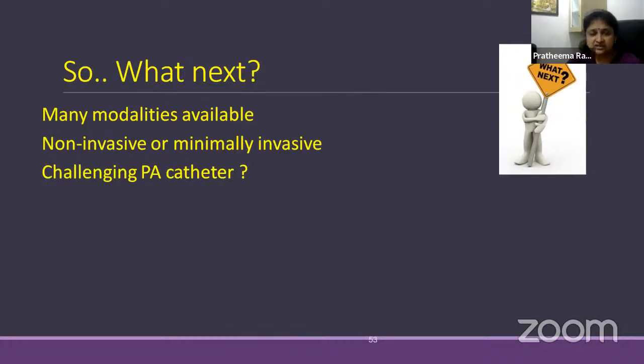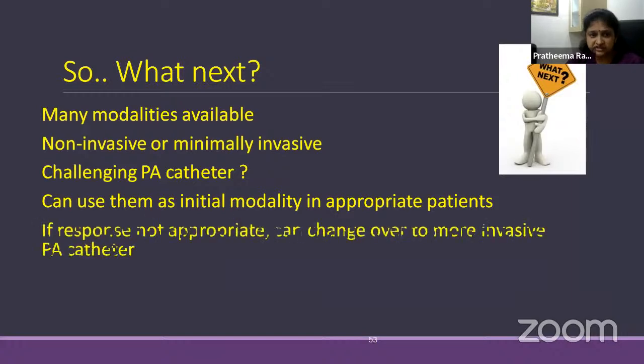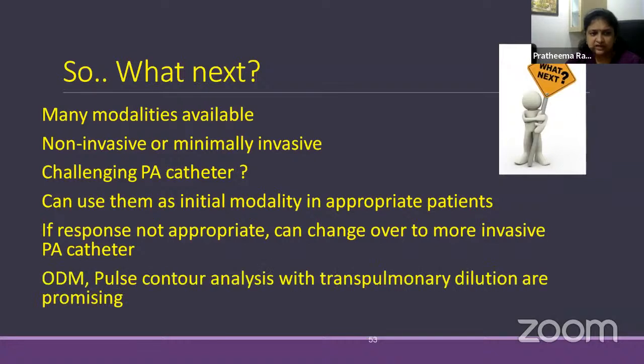Challenging the PA catheter is still a big issue, because even now we know that cardiac surgeons are comfortable putting in a PA catheter and watching it, and can use it as the initial modality in appropriate patients. Yes, we have to be very selective about which hemodynamic monitor to use for which patient. And if there is not much of a response, then we can change over to the more invasive PA catheter.